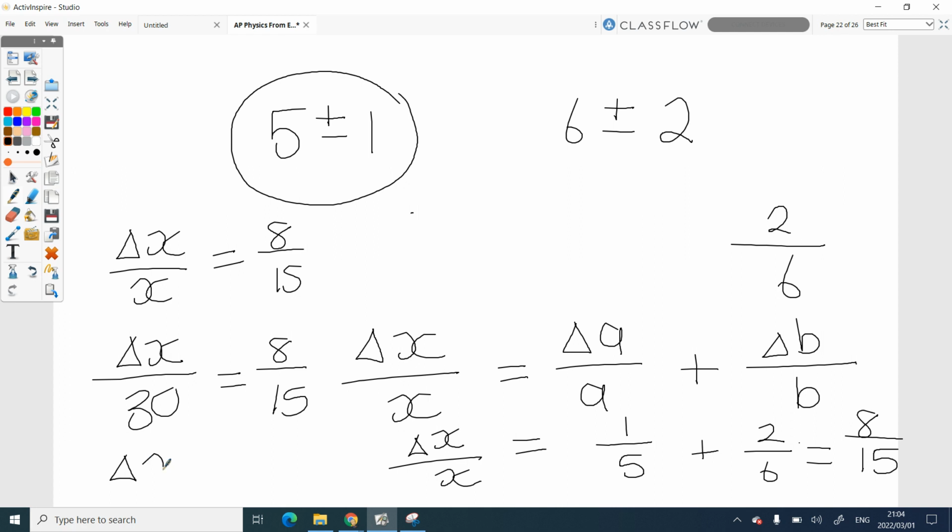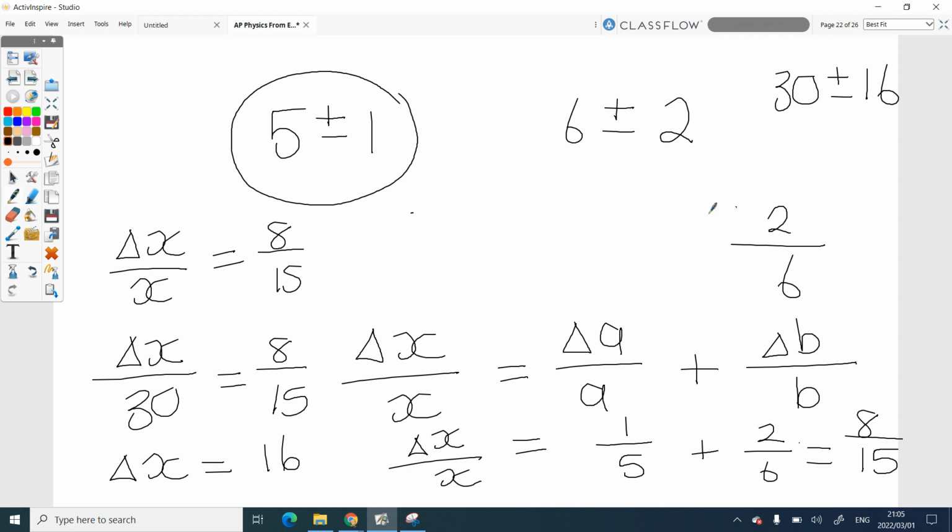So my actual uncertainty is going to be 8/15 times 30, and that gives me an answer of 16, which seems very big. So my answer is going to be 30 plus or minus 16. It literally feels as if I've done something wrong because this is very big, but it could be.